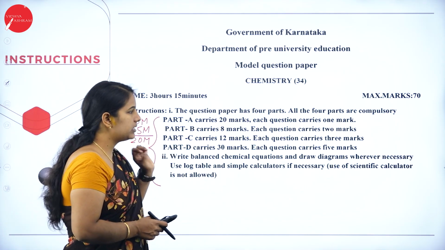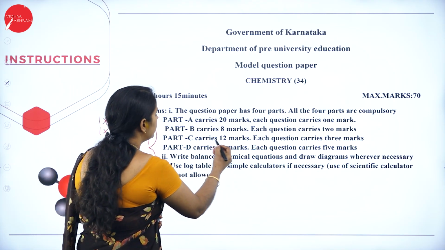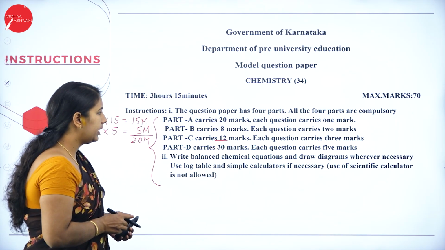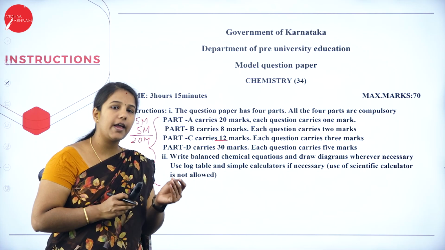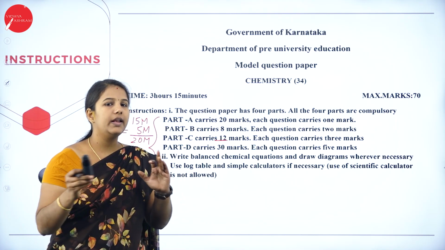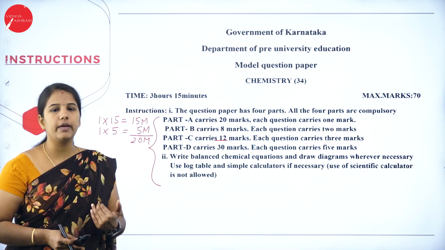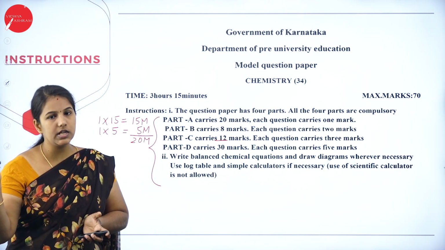Okay, part C are the 3 mark questions, you can easily get 12 marks, and part D are 5 mark questions. Part D is again divided into 4th main and 5th main, and 5th main is only for organic chemistry, and in 4th main we can expect physical chemistry questions.